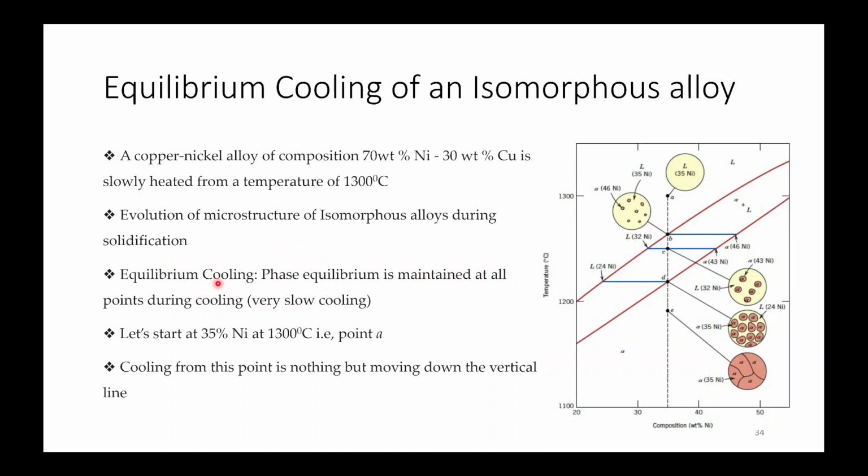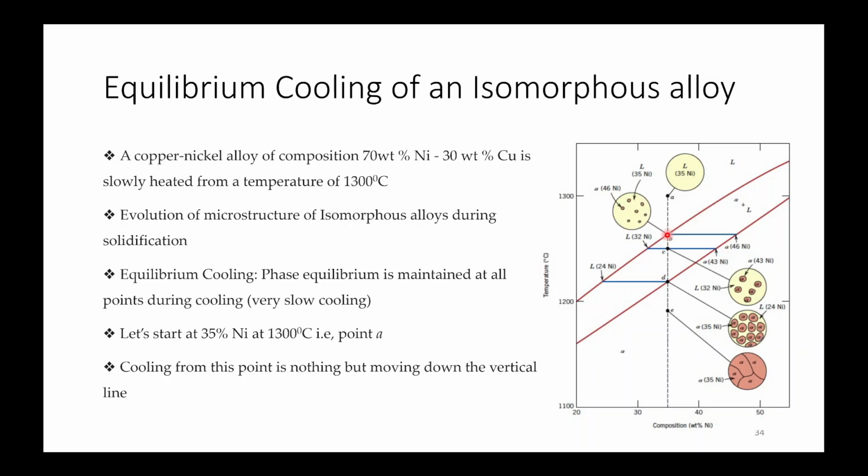So in equilibrium cooling, phase equilibrium is maintained at all points during cooling, and there is very slow cooling taking place. Now first we start at 35% nickel. So this is the point. Firstly there is 35% nickel present and the other is copper, and the entire alloy is liquid.